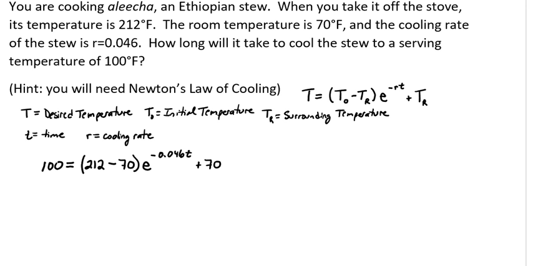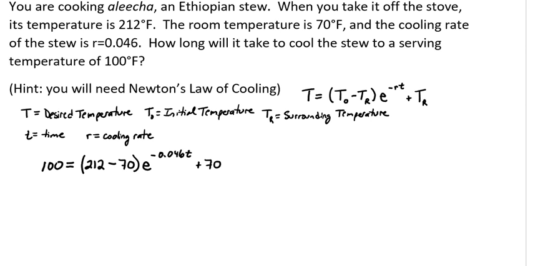So we know that we want a serving temperature of 100, and that the initial temperature of the stew is 212 degrees, and the room temperature is 70, and we have a cooling rate of 0.046. So we plug those into our equation to get 100 equals (212 minus 70) times e raised to the negative 0.046t plus 70.